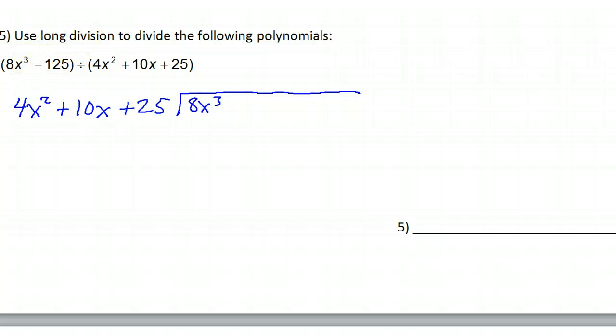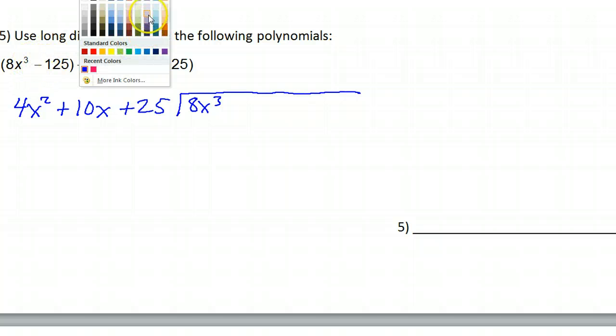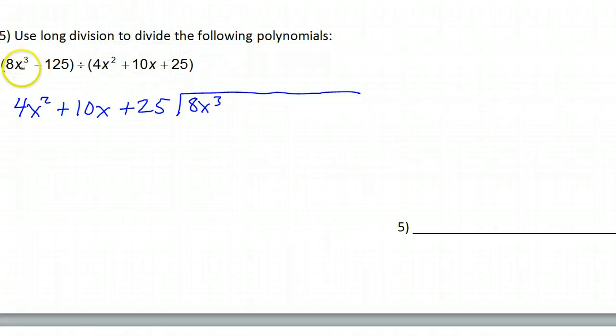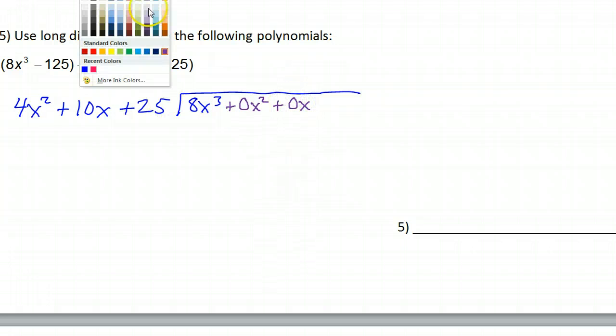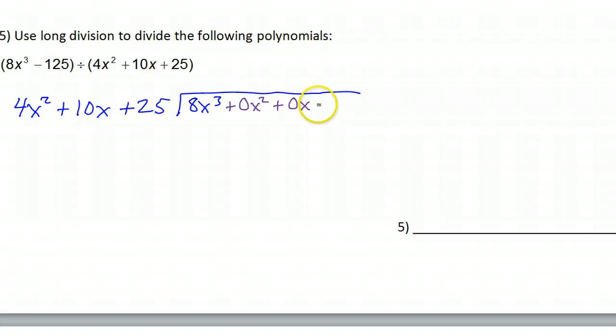Now look at all these missing terms though. I'm going to need a couple of these placeholders. So I have the 3rd power, so I need plus 0x squared and plus 0x placeholders there. And then my minus 125. Now that's better.